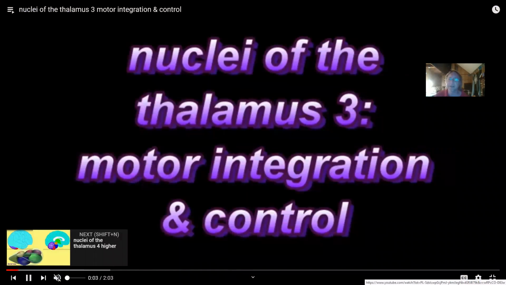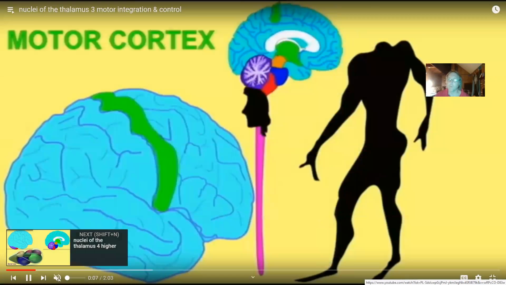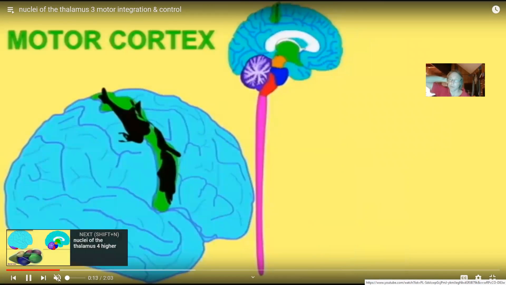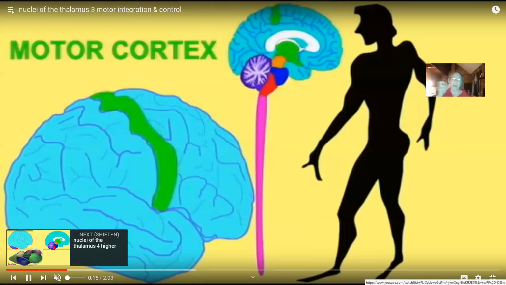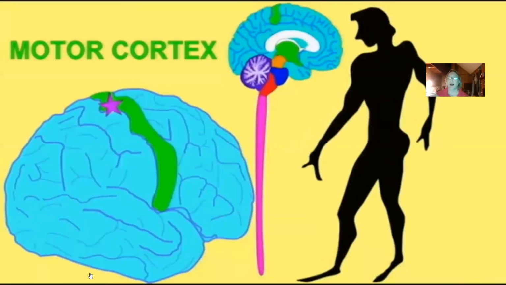The thalamus is involved in motor control. Now, I know when we think of motor control, we're thinking of the motor cortex of the cerebrum, the cerebellum, the second largest part of the brain, and also then the basal ganglia deep inside the cerebrum.